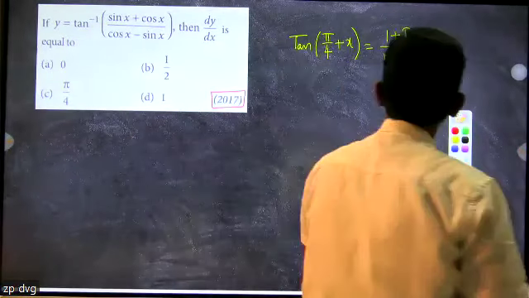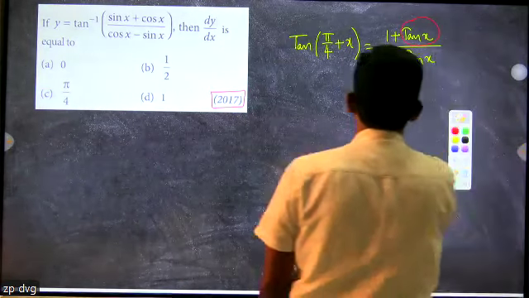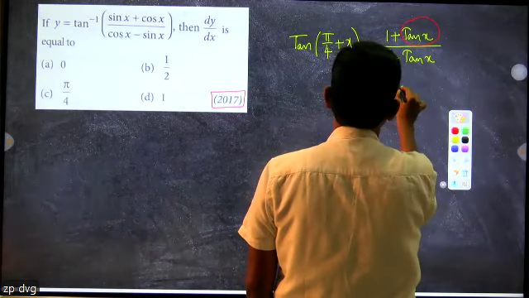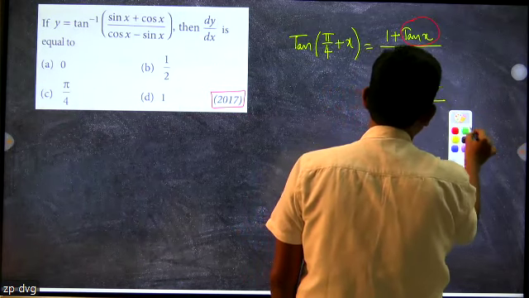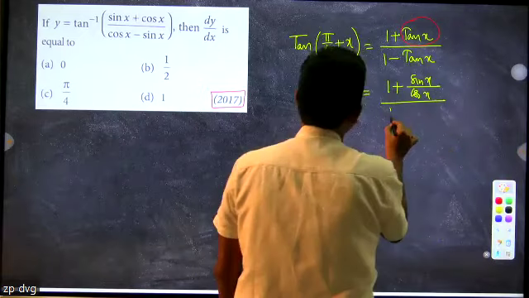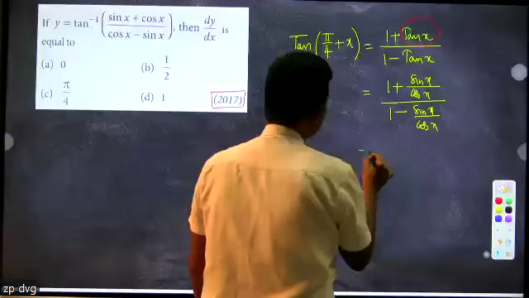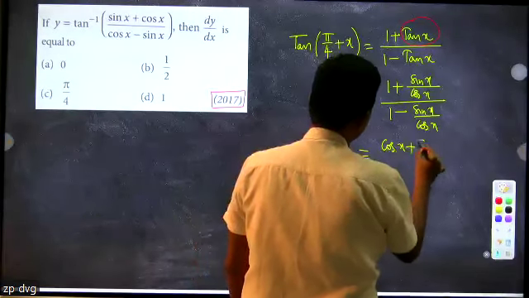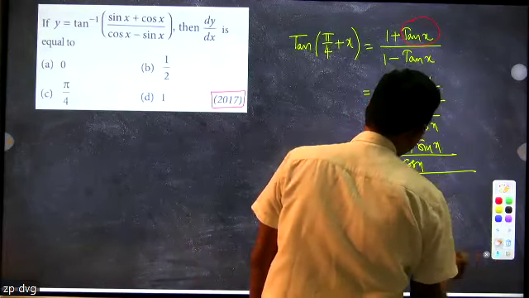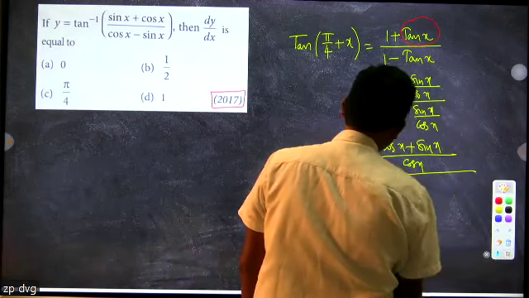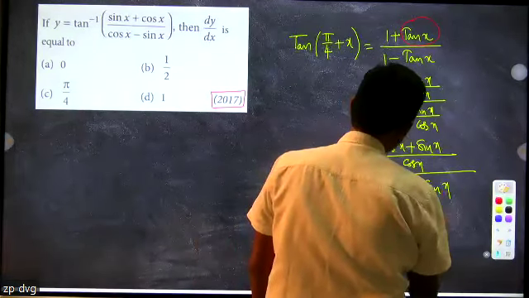Now further, in place of tan x, you can write sin x by cos x. Here I'll write, this equals 1 plus tan x, which can be written as sin x by cos x, and 1 minus tan x can be written as sin x by cos x. Simplify, what you will get? Cos x plus sin x divided by cos x, whole divided by cos x minus sin x divided by cos x.